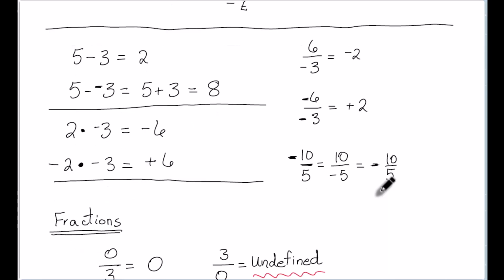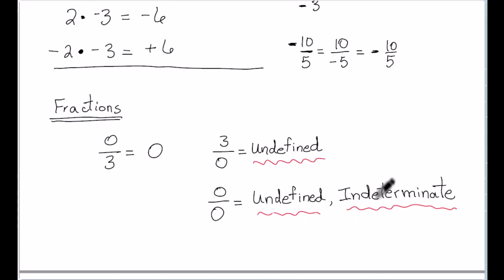Let's talk more about fractions. 0 on the top divided by 3, well, that's just 0. So anytime 0 is on the top and something that's not 0 is on the bottom, the answer is just 0.